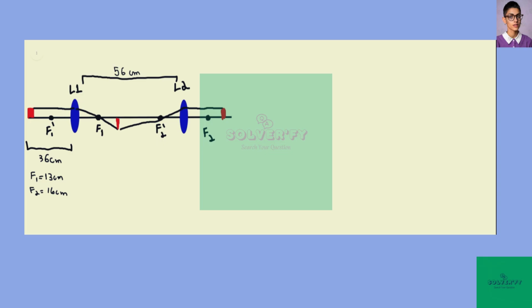And now, if you want to do the actual calculation, in this first section here we need to find this distance. So the relation is 1 over the distance of the object at lens 1 plus 1 over the distance of the image at lens 1 is equal to 1 over the focal length of lens 1. We can solve this for the distance of the image to find this distance here.